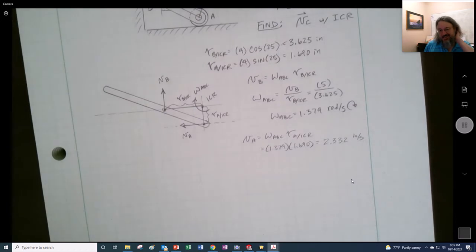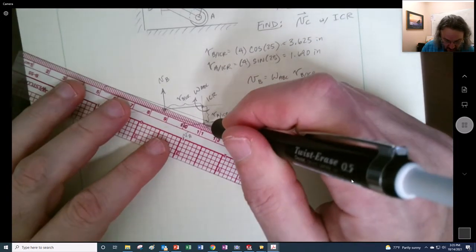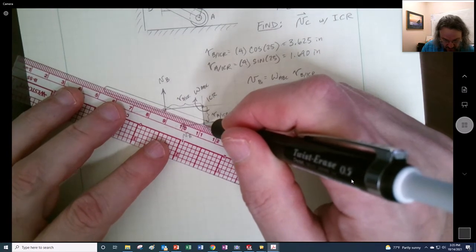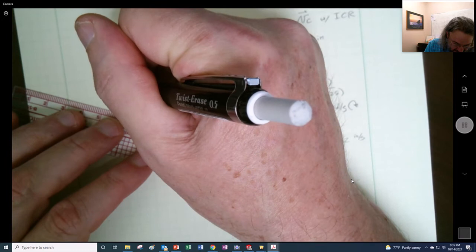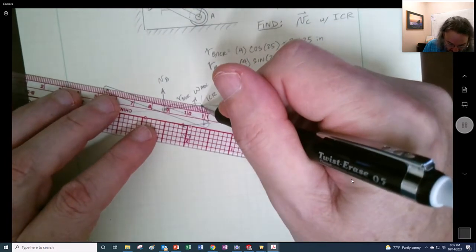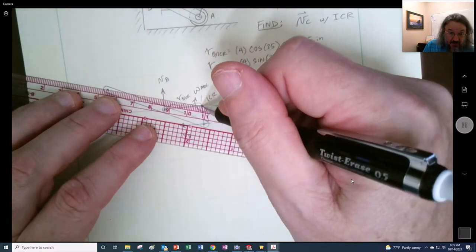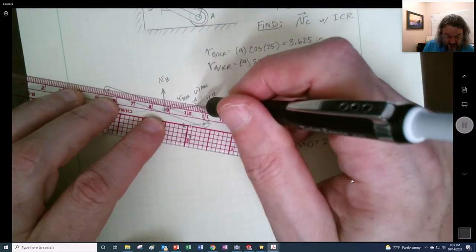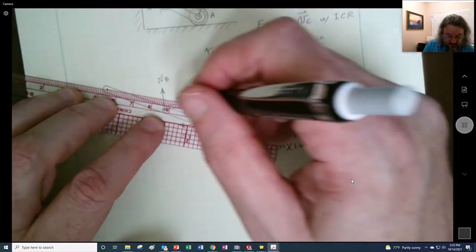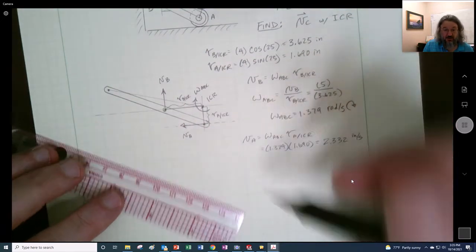Okay, so here's a difficult one though. Now we're going to have to mess with the geometry. In order to find the velocity at C right here, we need to find this ICR. I wrote all over this, so it would be kind of hard to see, but that right there is the thing that I want to find.